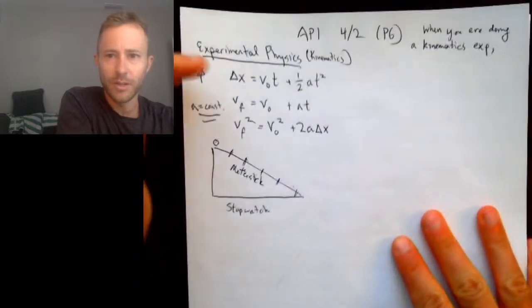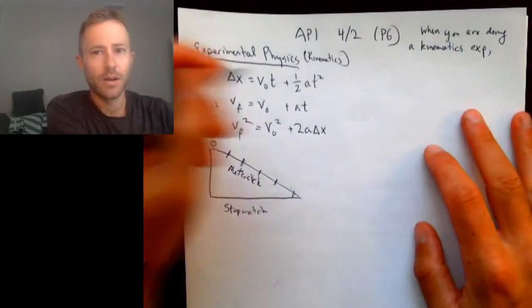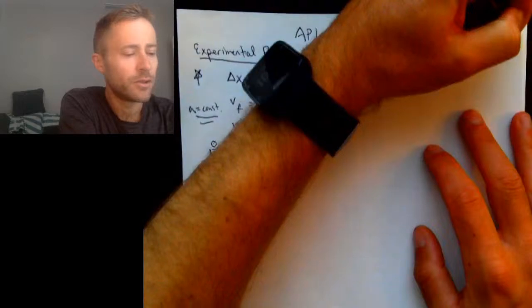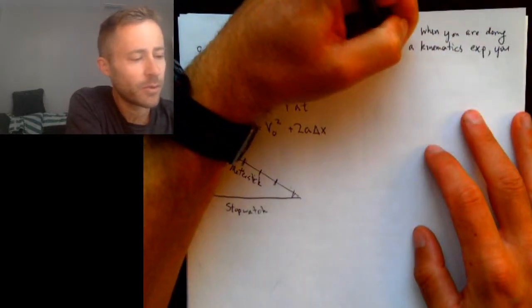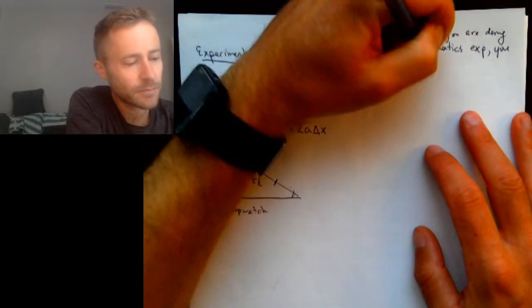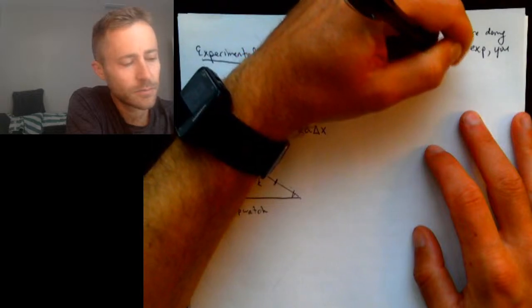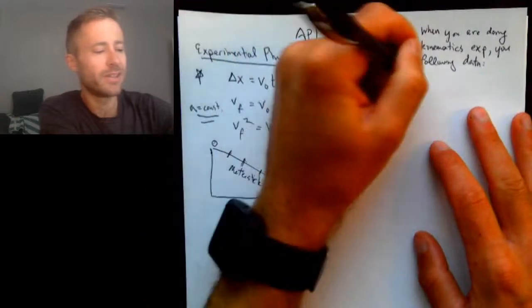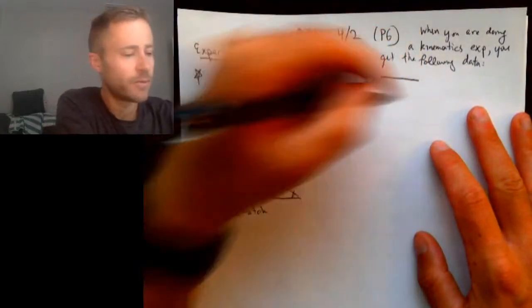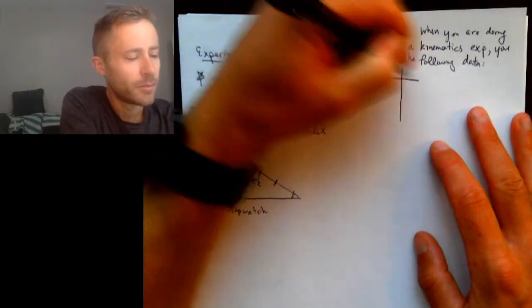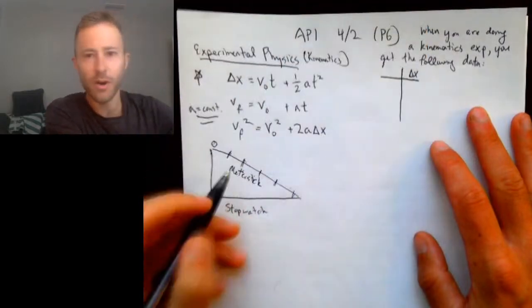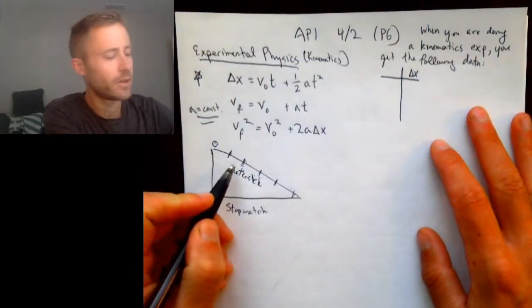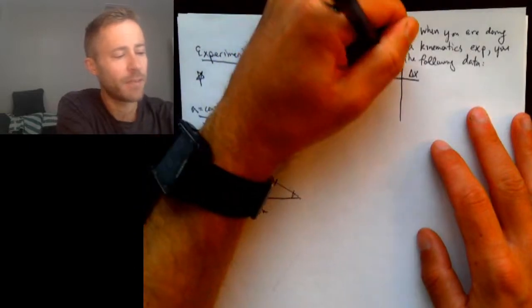And so you get the following data. You would get a data table of position, so how far the ball has traveled at a certain time.